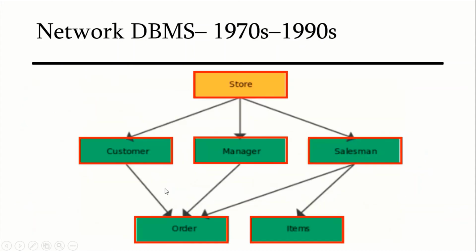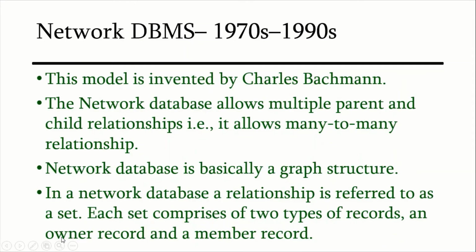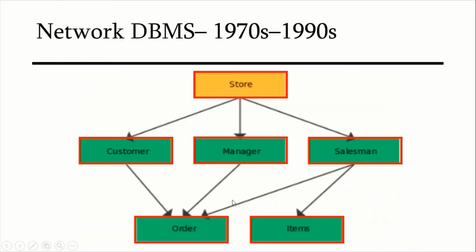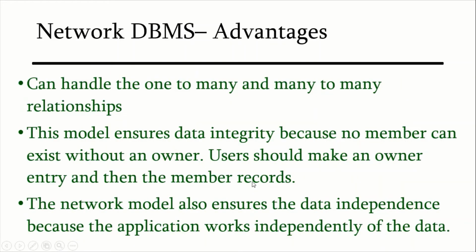Just now I told you that there is an owner record and a member record. First the owner record should be there, then only we can have member records. We cannot have a member record without an owner record. Integrity means correctness of data.